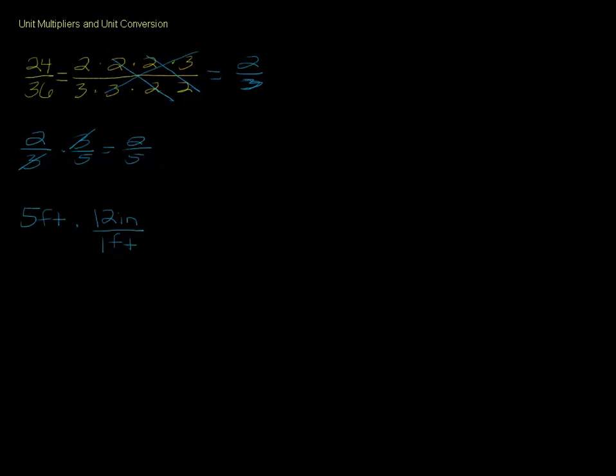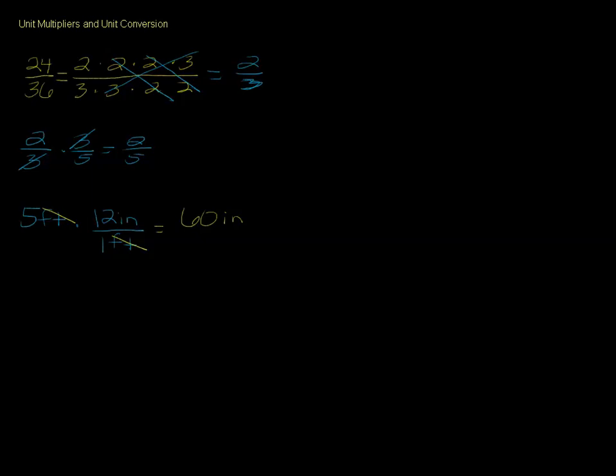Now, words cancel out just the same. Since we have a foot on top and a foot on bottom, now we just have 5 times 12, which is 60 inches. So we changed 5 feet into inches.